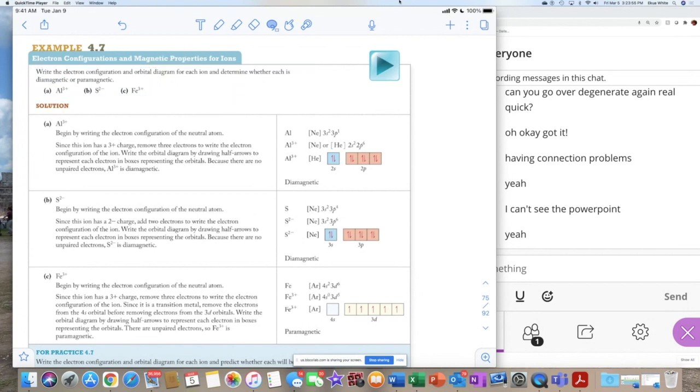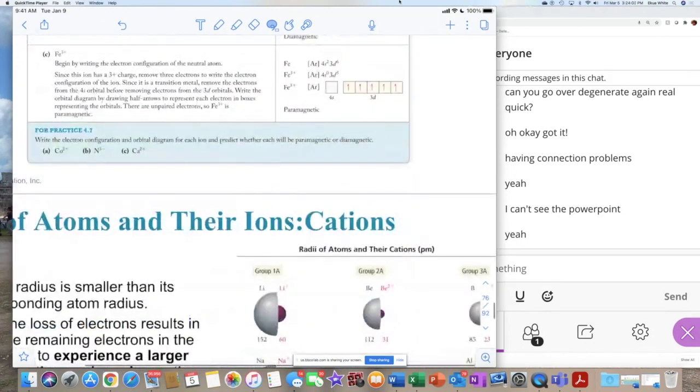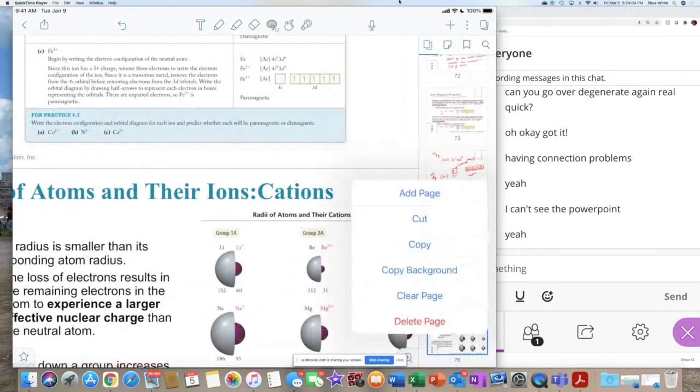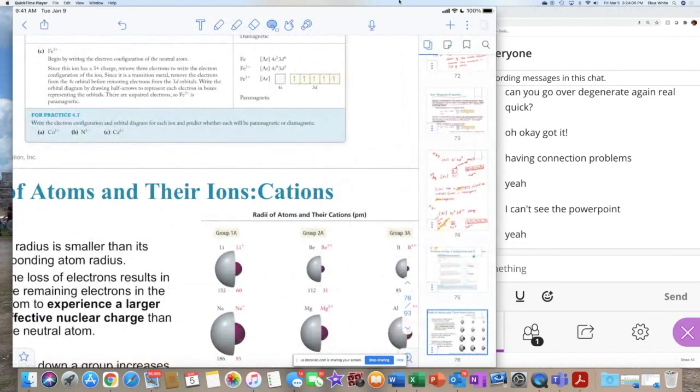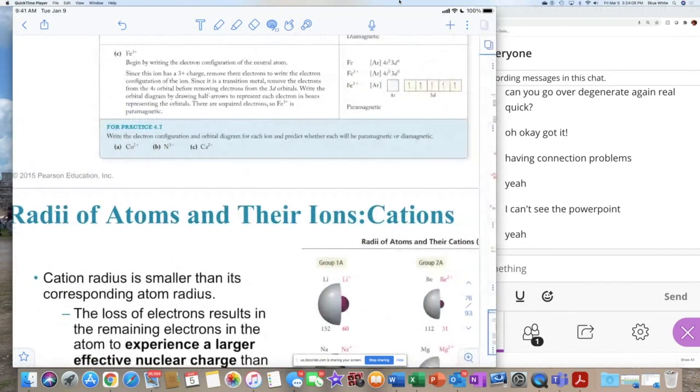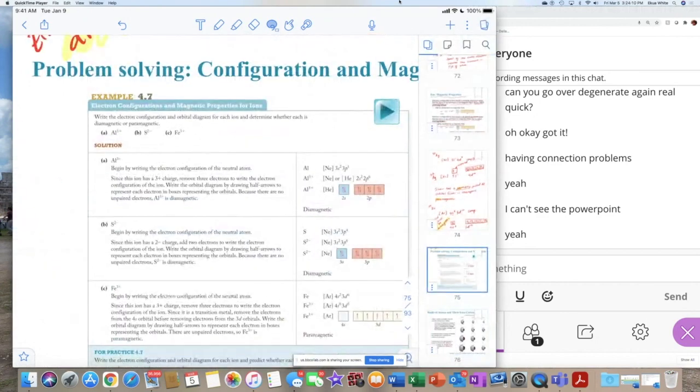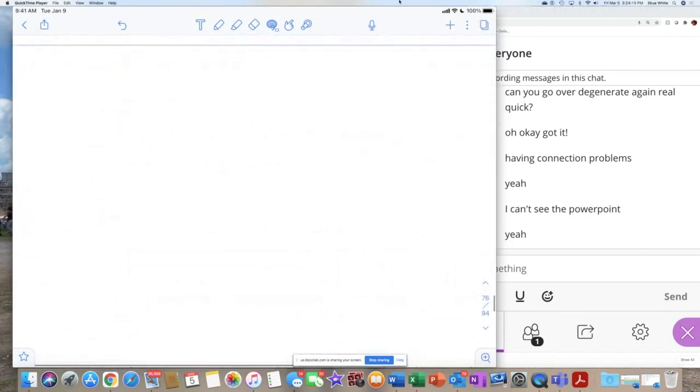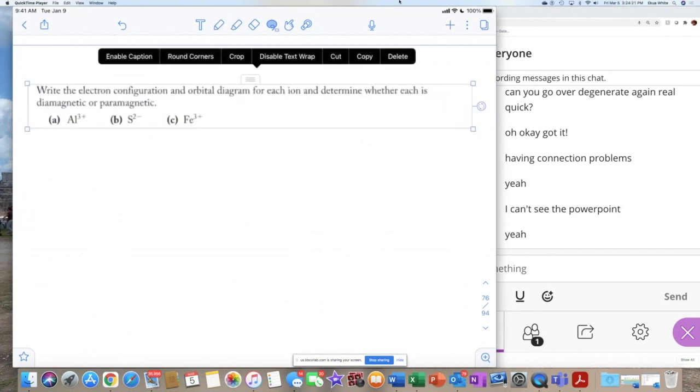So we're going to be doing electronic configurations for the ions, and then we're going to be working through and see what happens, okay? Wait, why is the page not added? Oh, gotta click the right thing to add the page in the right place, right? I don't know why I just click and I get the page in the wrong place. Okay, right here, paste image, get this bigger so I can actually read it.